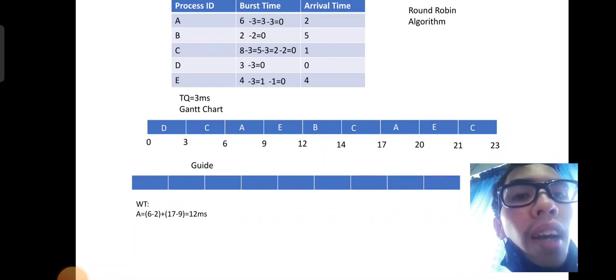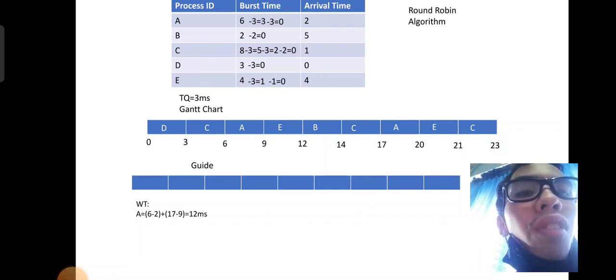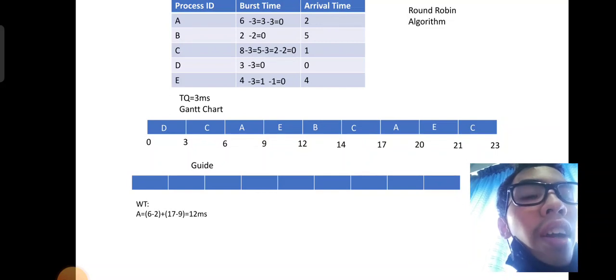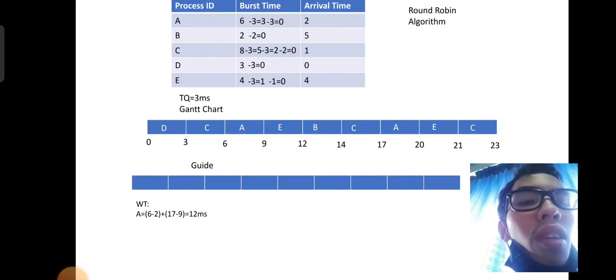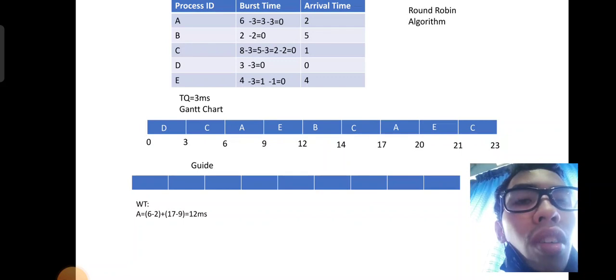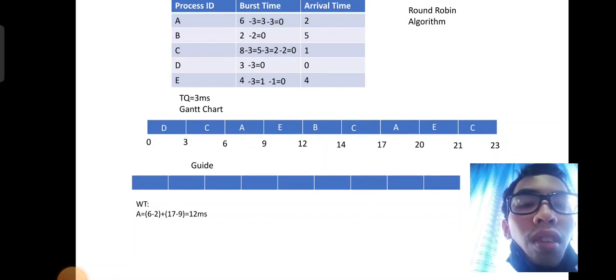Then after the plus, in the second parenthesis, for the second time process A enters the CPU, the ready queue of it is 17 minus the time finish of the previous process A that entered the CPU. The time finish of it is 9. So 17 minus 9 is equal to 8. Then 4 plus 8 is equal to 12 ms.